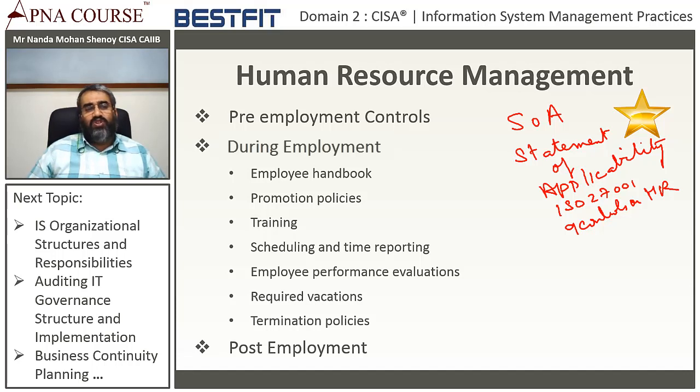The first one it talks about is pre-employment controls. Before you recruit an employee, you need to know his background. So there is something called pre-employment controls.